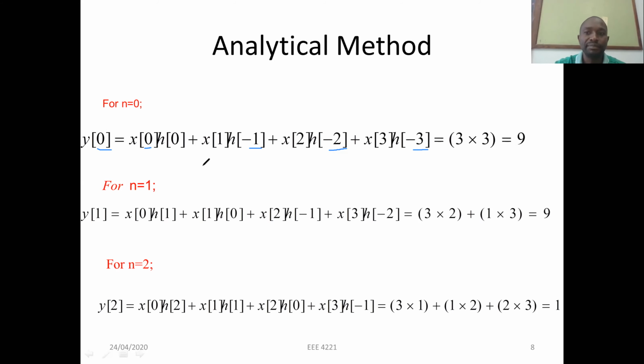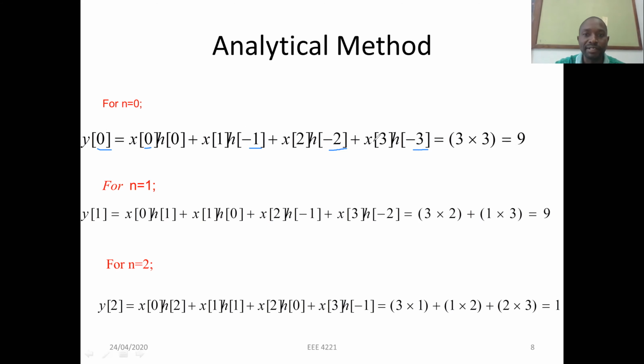Now, the next step is that we notice that in the sequence, we did not have h of -1. So all these h of -1, h of -2 are not in the second signal h of n. Therefore, these are non-existent, they are basically 0.